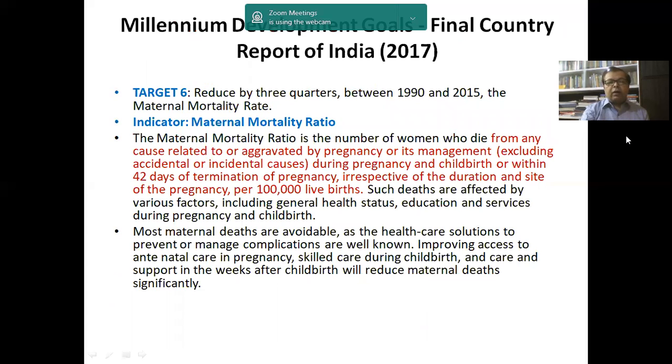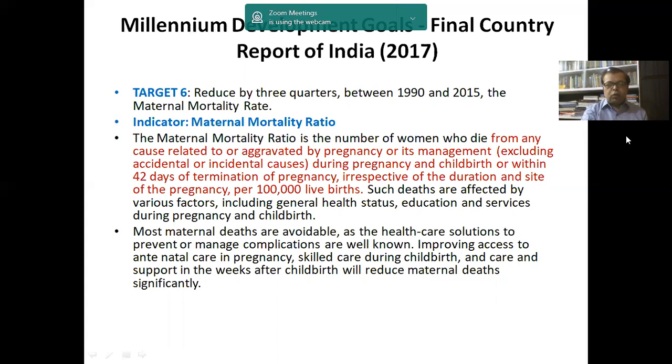And then Millennium Development Goals have different outcome in different countries, different parts of the world. India has also incorporated those goals, and the outcome is provided periodically. This is the country report of India, the final country report on MDGs, basically provided by Government of India in 2017.